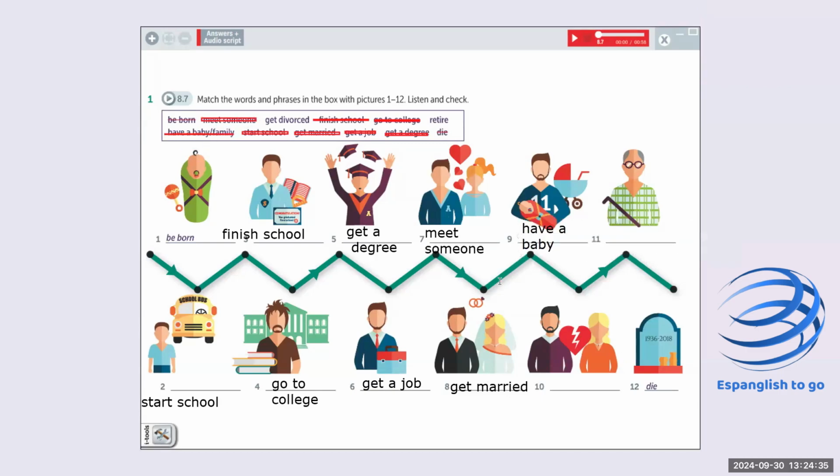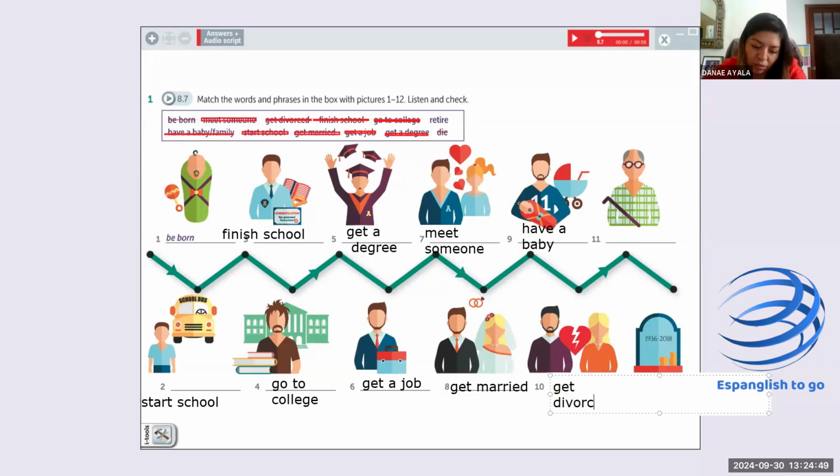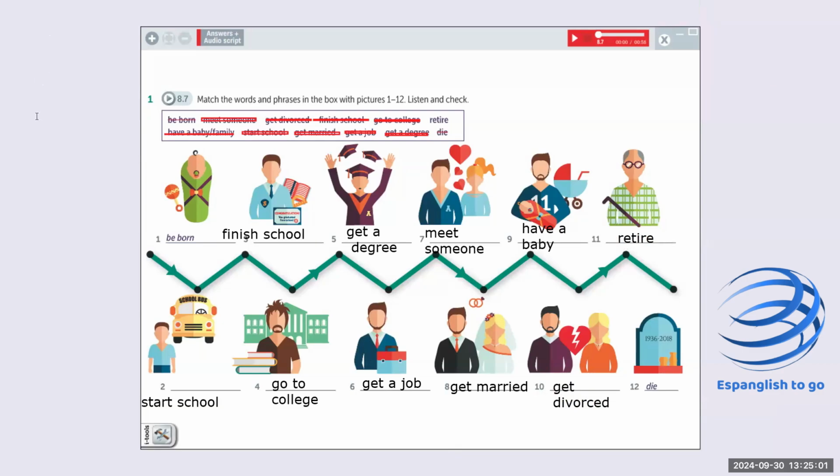Then number 10, get divorced. Retire. And die. Oh my God, all of life in a moment, in a class.